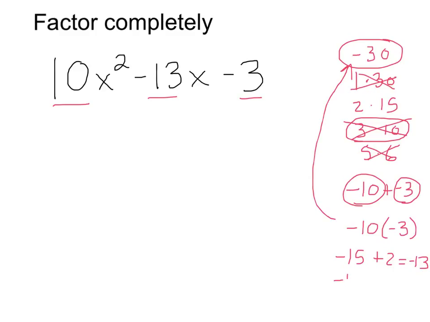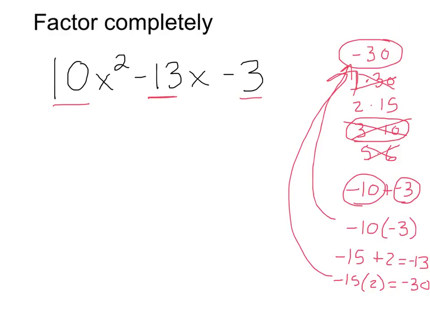And then what is negative 15 times 2? It's negative 30, which is what I need, right? I need negative 30, and I need negative 13, don't I? So negative 15 plus 2 does equal negative 13, which is what I need, and negative 15 times 2 does equal negative 30, which is what I need, isn't it?